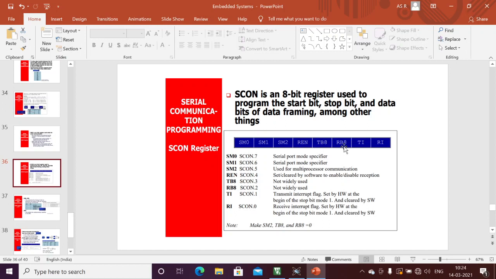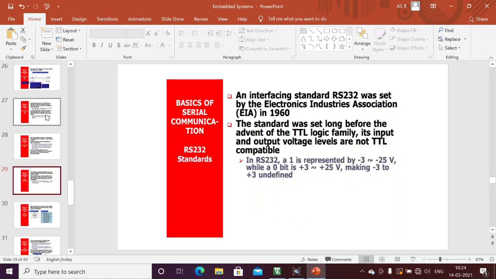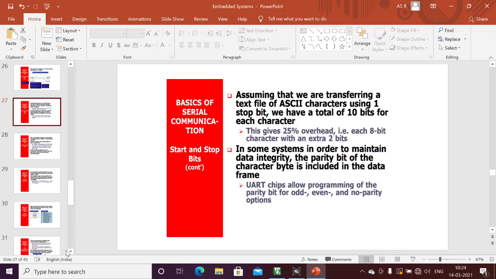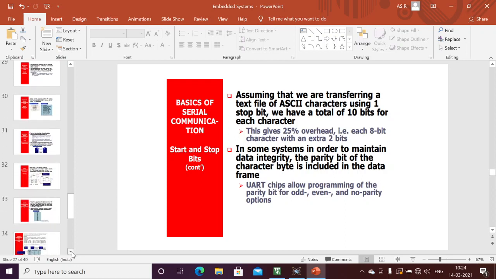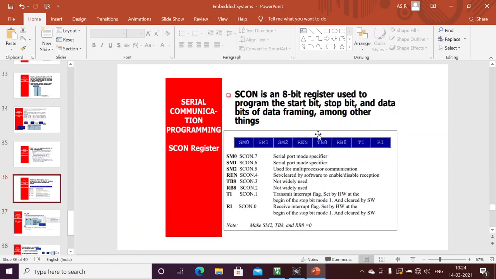And TB8 or RB8, as we discussed, is the parity bit, always stored here, the extra bit whatever we discussed. TB8 and RB8 are the one extra bit in our serial communication. This is a parity bit we are storing here. Bits 0 to 7 we are using to transmit the data, and if I want to use 9 bits also, we can use this TB8 and RB8.